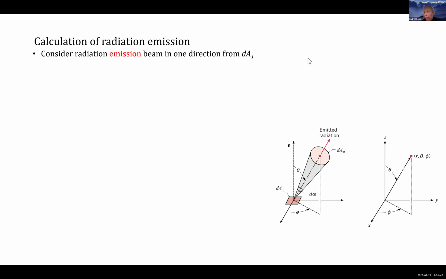Because in reality, you want the total heat radiation or total emission, in spite of the fact that when heat is emitted from a surface, it can vary from one direction to the next and from one wavelength to the next.